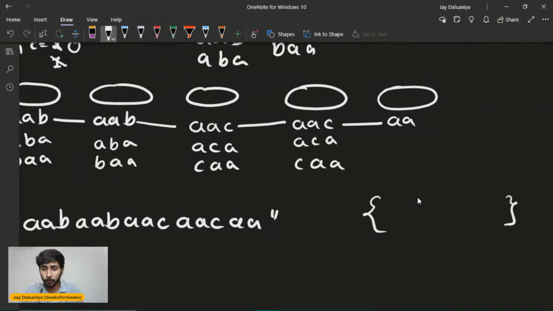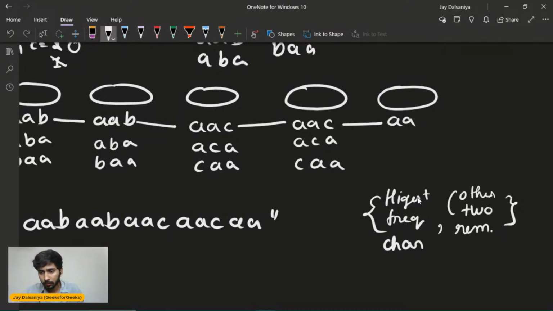So which are those groups? One is the highest frequency character, and the other is the other 2 remaining characters. You can consider them to be in the same group, because it won't affect you whenever you try to generate this string.